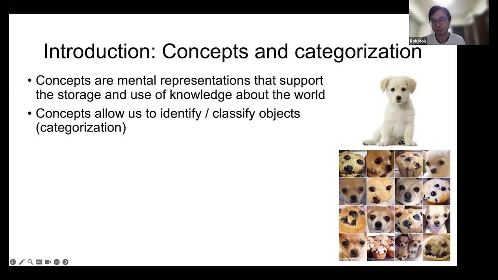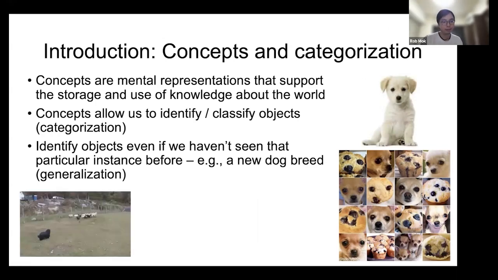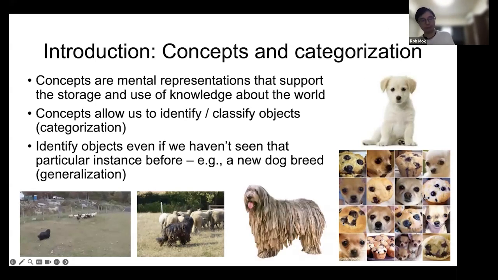In this case, the blueberry muffin and the chihuahuas are rather visually similar, but we're still pretty good at telling them apart. We can also identify things that we haven't seen before. Although this one is pretty far away, you probably have an idea that it might be a dog, and probably a sheepdog as well, even though you might not have seen this particular Italian sheepdog called the Bergamasca.